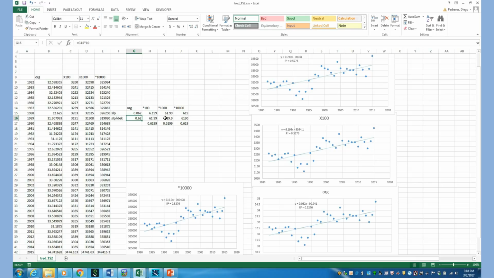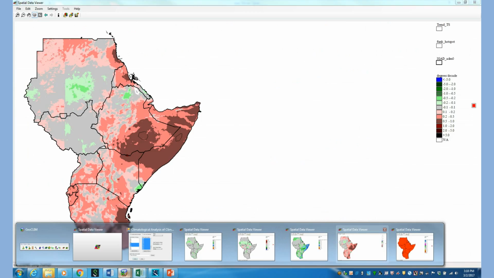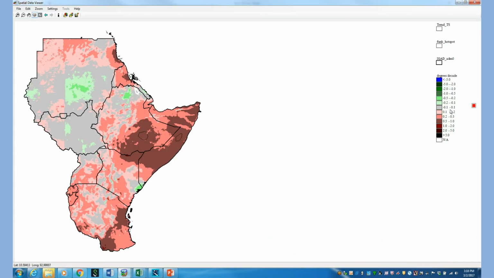When we multiply by 100, then this would be the slope of the line when we're dealing with values multiplied by 100, and this will be the slope per decade. So this is the value that we would be showing up in the legend, right?